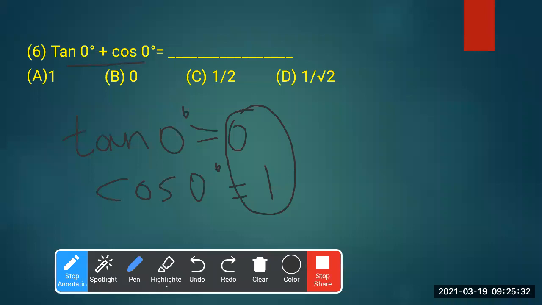So tan 0 is 0 plus cos 0 is 1. 0 plus 1 will give you 1. So the correct option will be A. See students, you have to remember the values from that table.